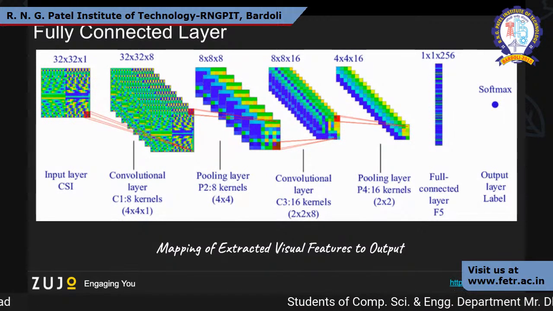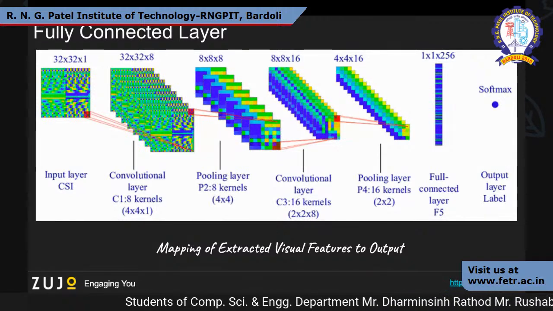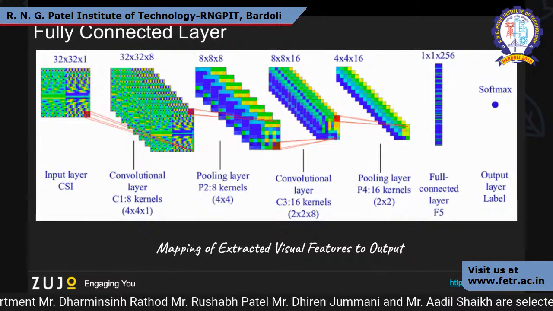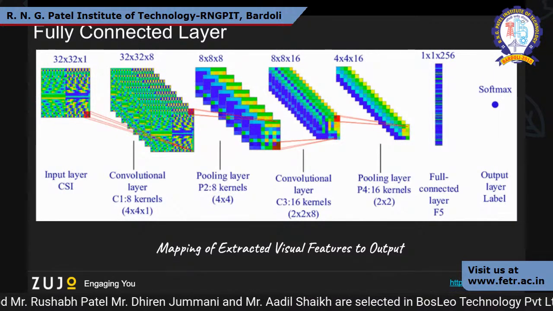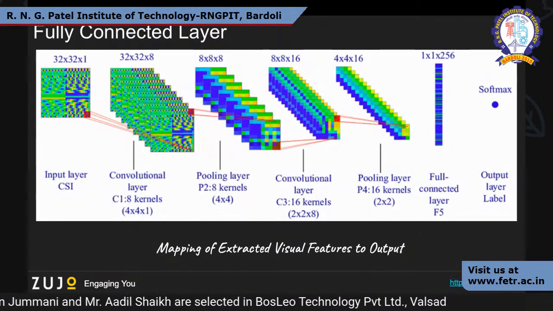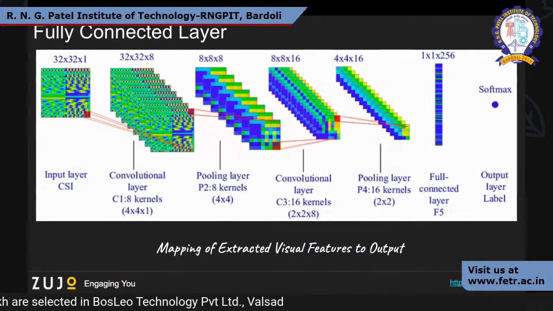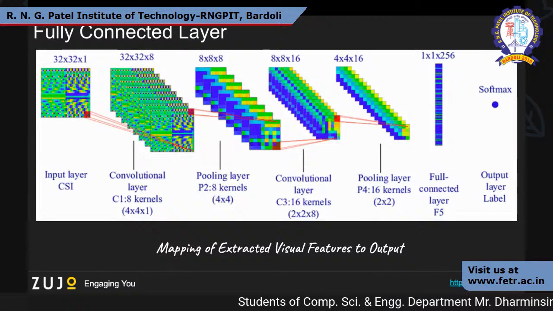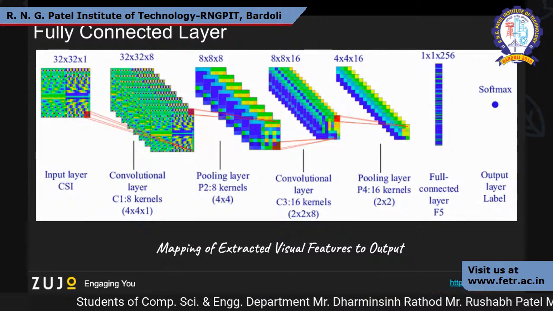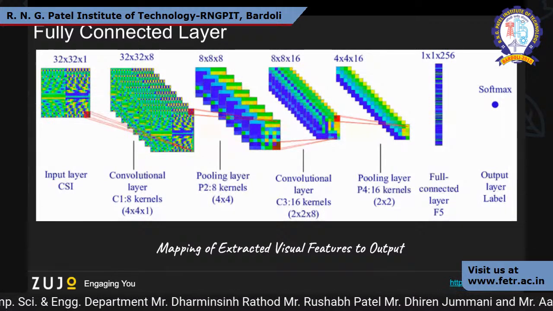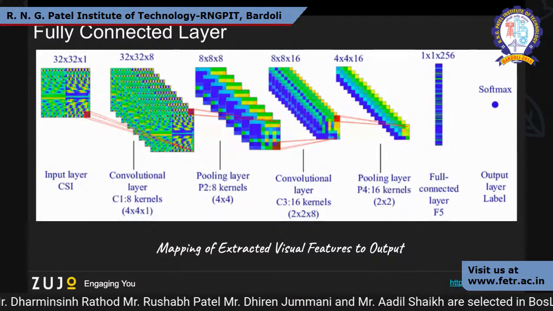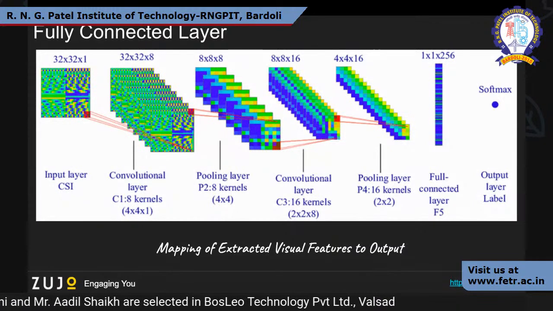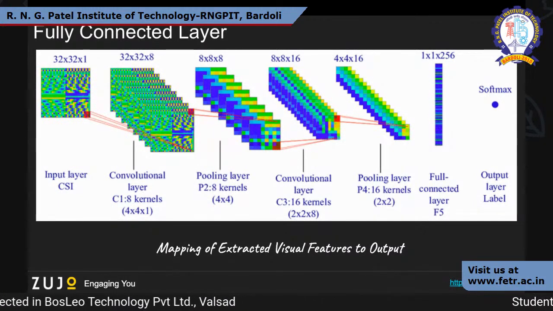Then there is a pooling of 4 by 4, and there is an input layer of 32 by 32 into 1, and then we are converting it using 8 filters into 32 by 32 into 8 dimensional data, and then using that data we are converting it again into 8 by 8 convolution features.